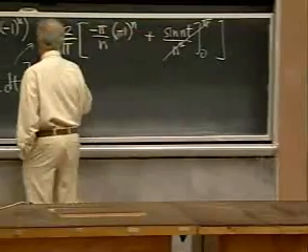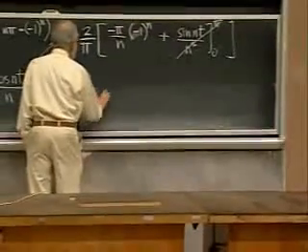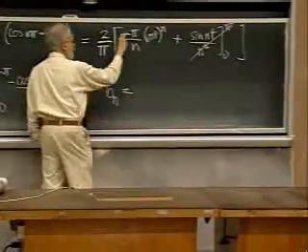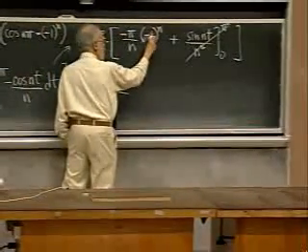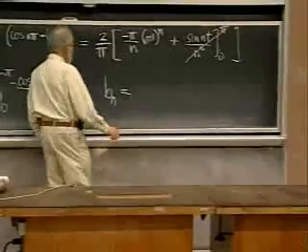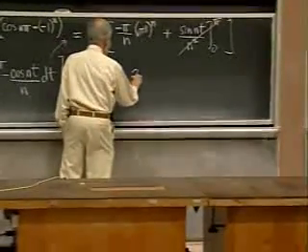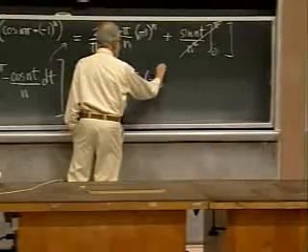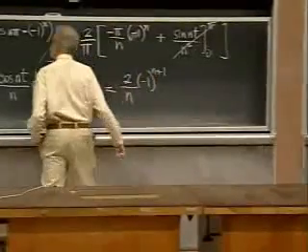And so the final answer is that Bn is equal to, well, the pi's cancel. This minus combines with those n to make one more, and so the answer is 2 over n times minus 1 to the n plus first power.